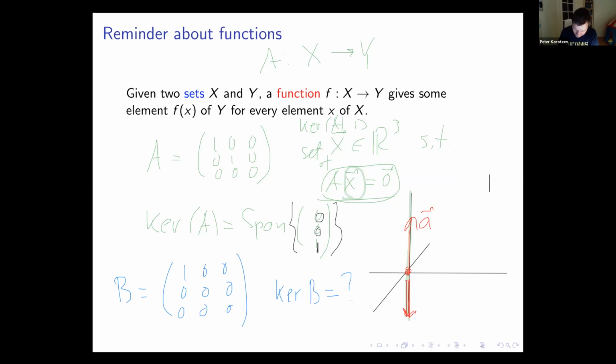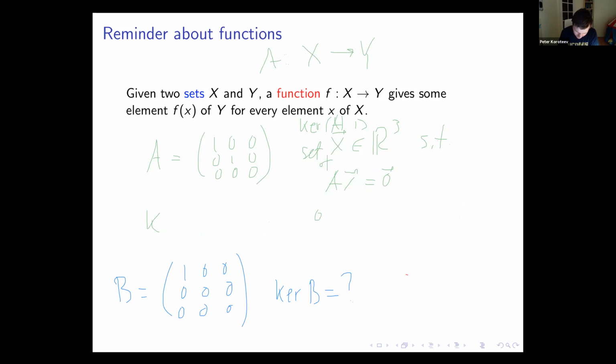So I'm going to change the picture. Sophie is writing 0, 1, 1. So I think what you meant is the following. The right thing to say is that this is equal to the span of vectors 0, 1, 0 and 0, 0, 1.